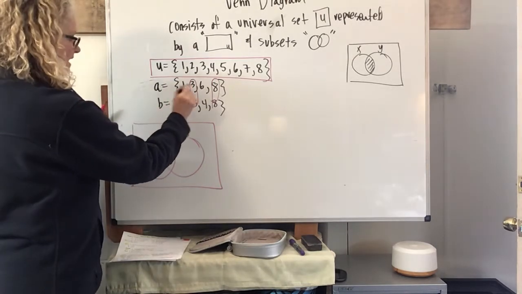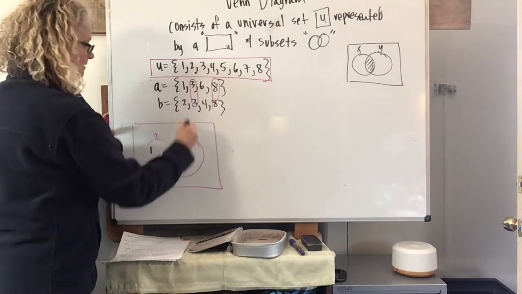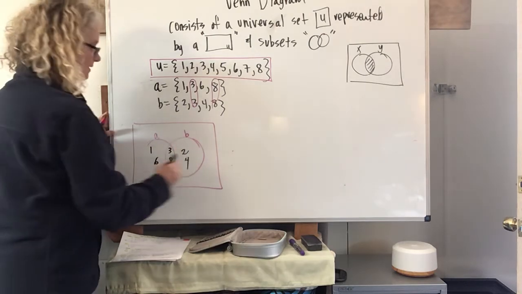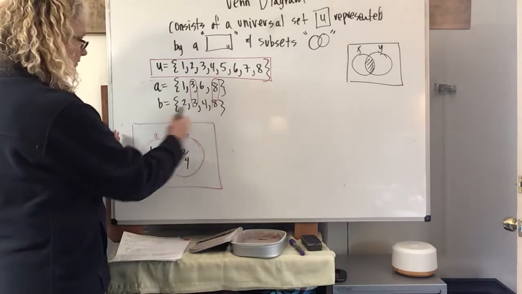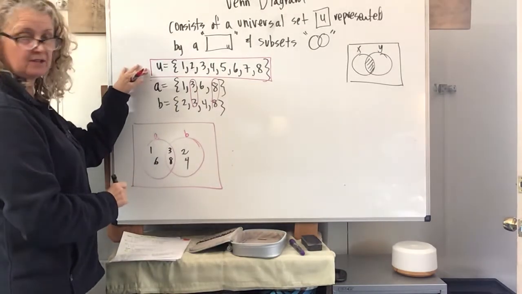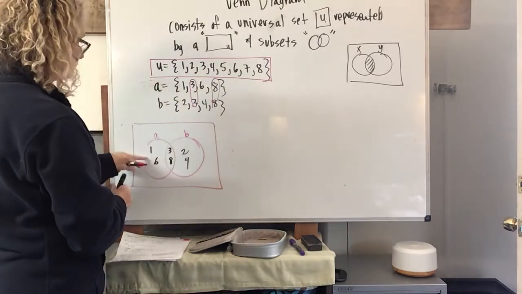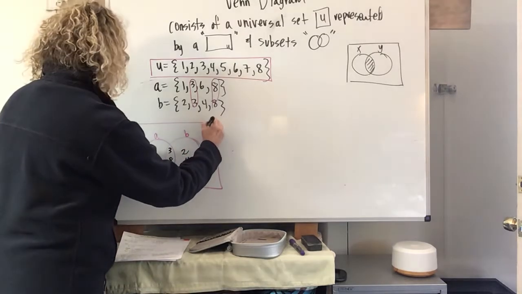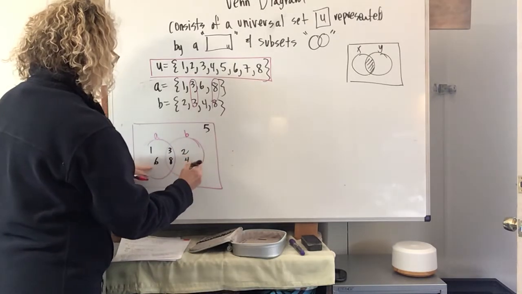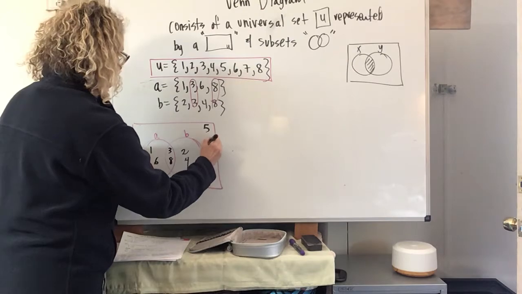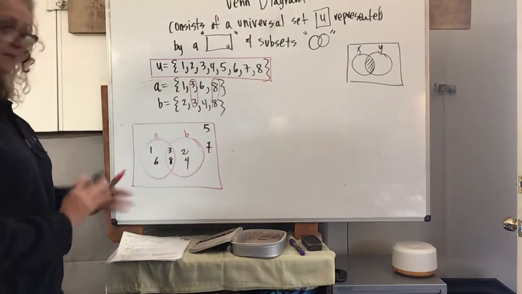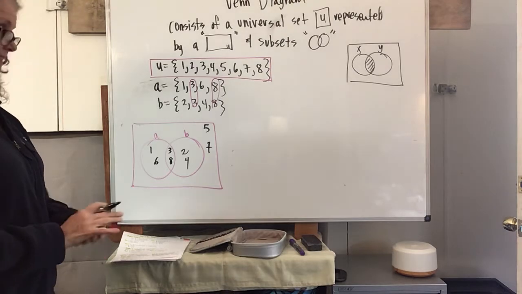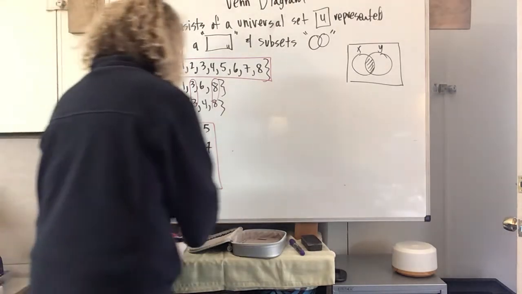Then in A we have a 1 and a 6, and in B we have a 2, 4, and 5. Now the only thing not to forget is this is the universal set, or the collection of everything we're talking about. And as you can see, we do not have the number 7 in either set. So we have to show that 7 isn't in either set. And that is a Venn diagram.